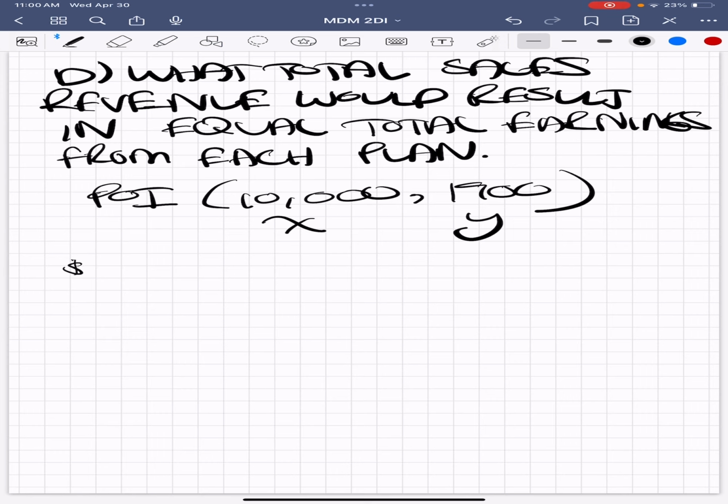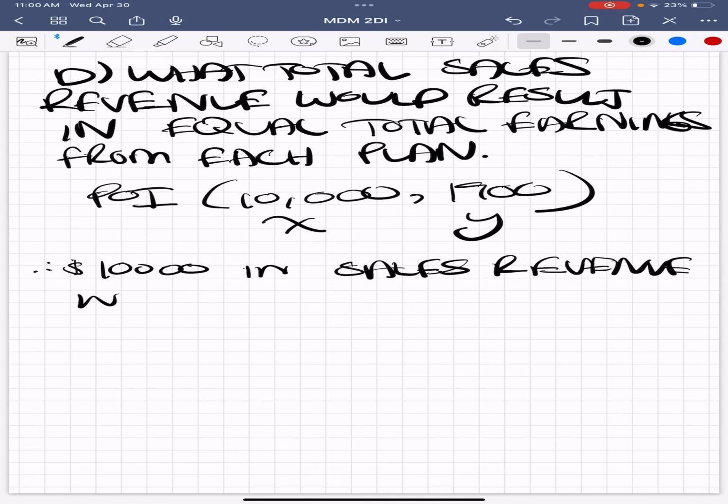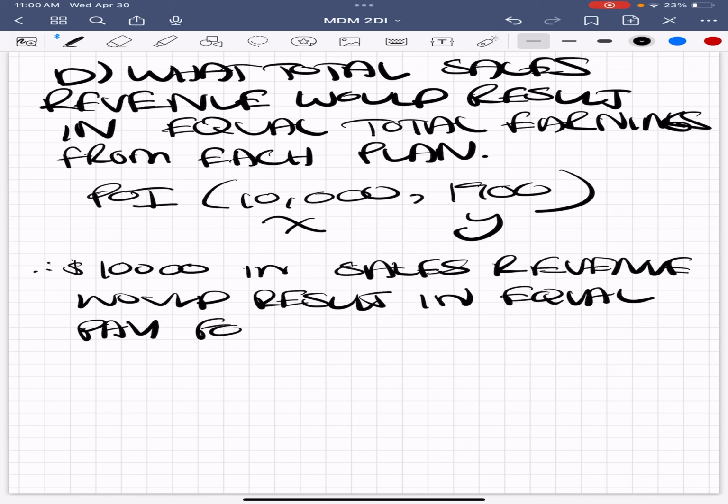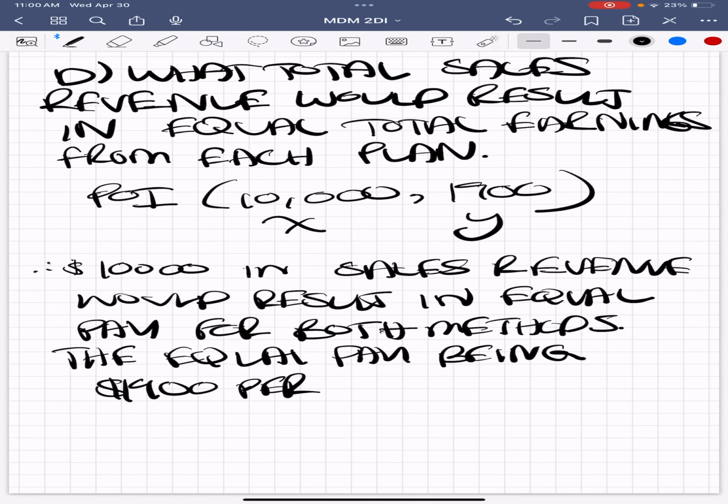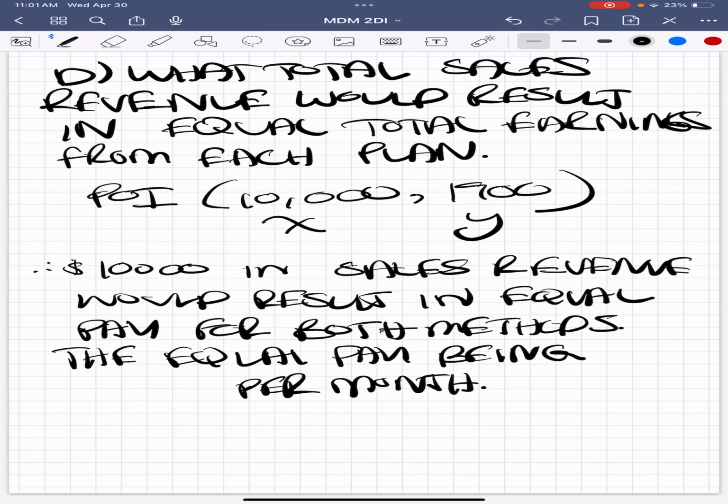So $10,000 in sales revenue would result in equal pay for both methods, the equal pay being $1,900 per month. I'm just going to rewrite it just so it's a bit neater.